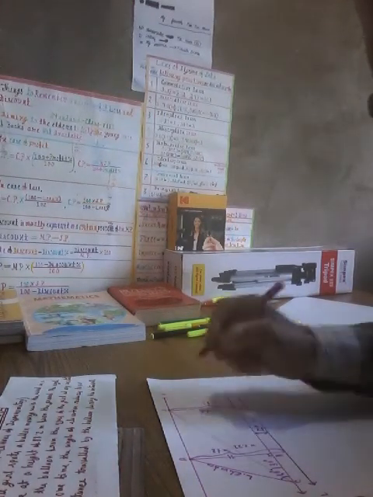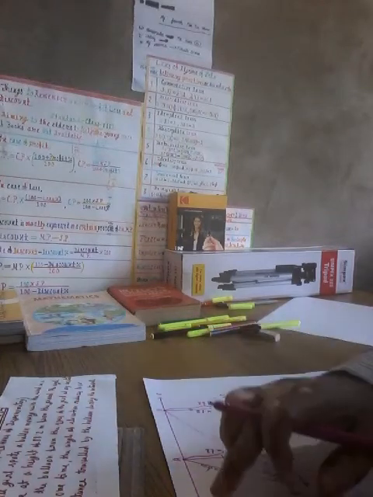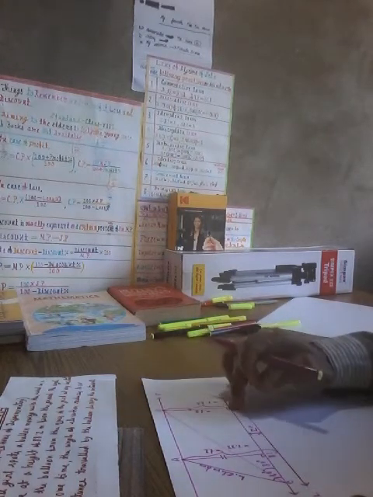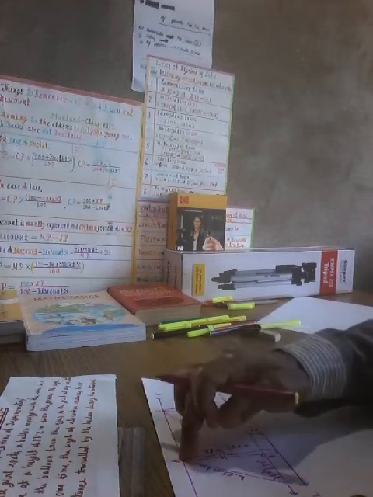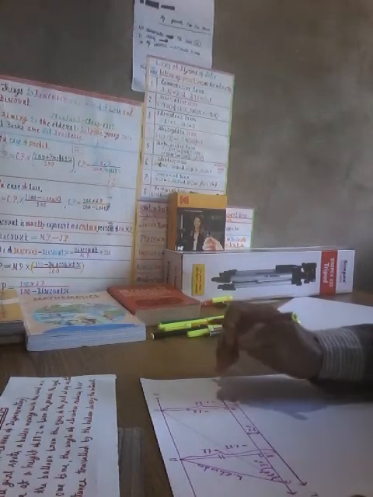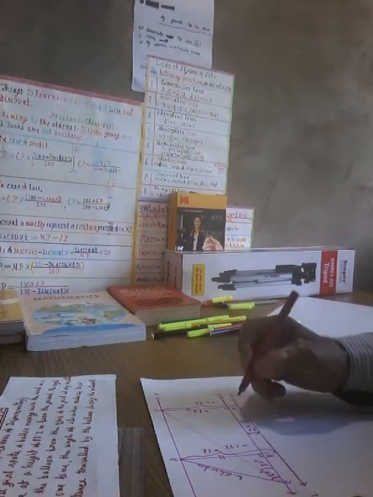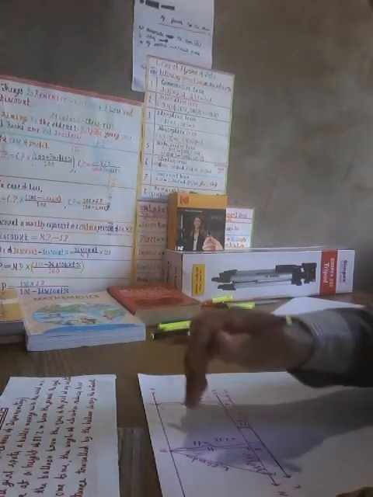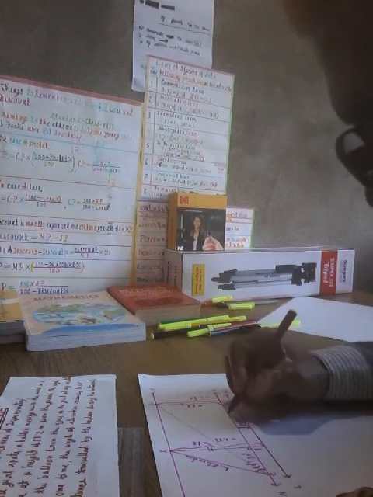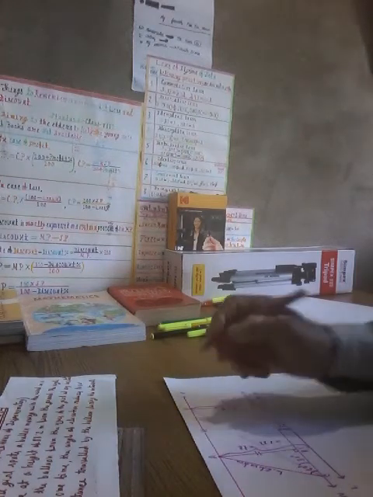So this line is equal to this line, and since PQ and NO are parallel to each other and DE is perpendicular to MN and AB is perpendicular to NO, we will get a rectangle here, ABED, so that the line BE is equal to AD, opposite side.